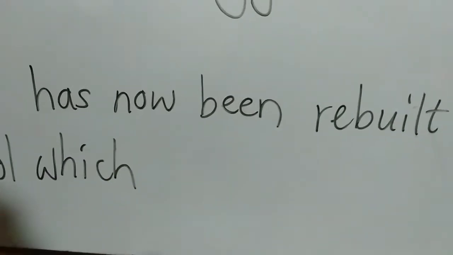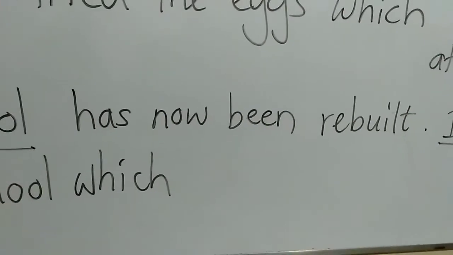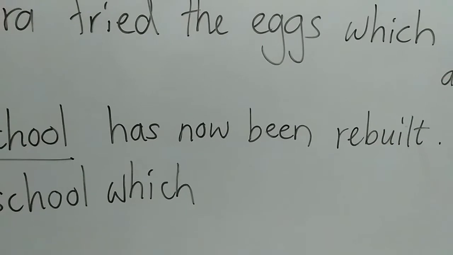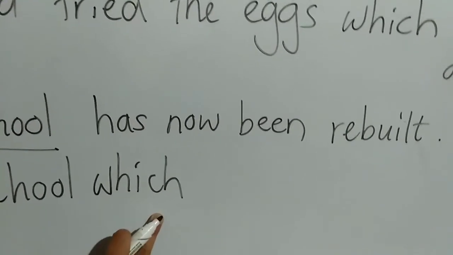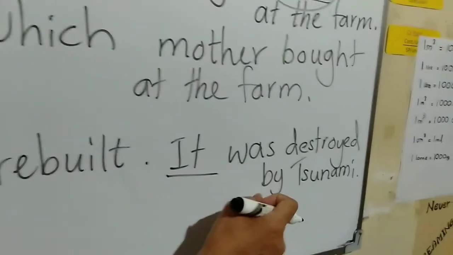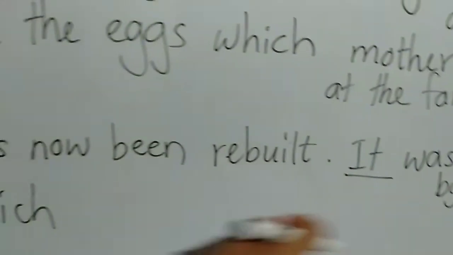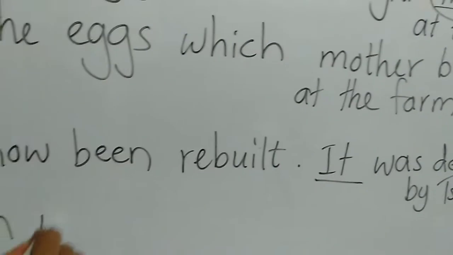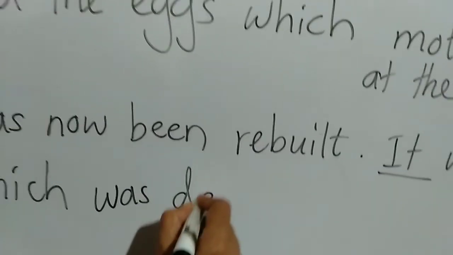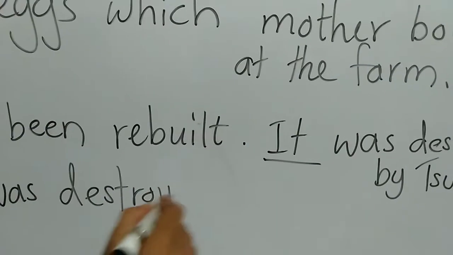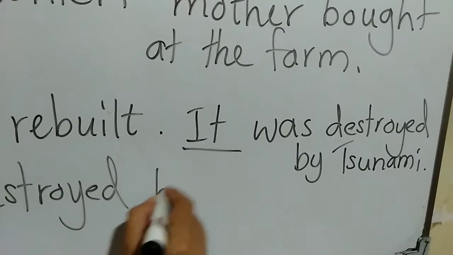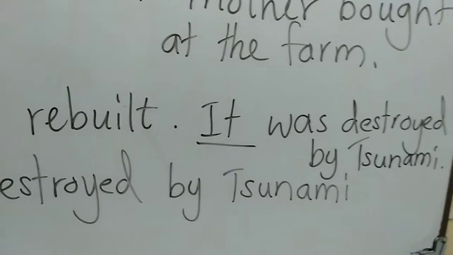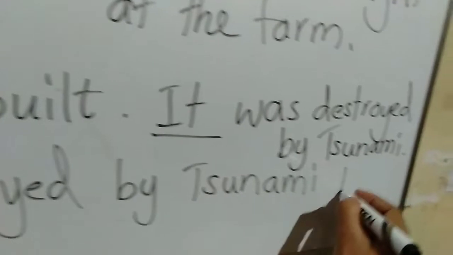Here you want to be very careful to build this sentence meaningfully. In order to build this sentence meaningfully, we want to take the second clause to the front. Second clause here, which was destroyed by tsunami, has now been rebuilt.